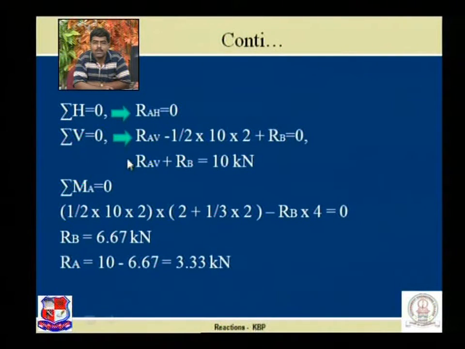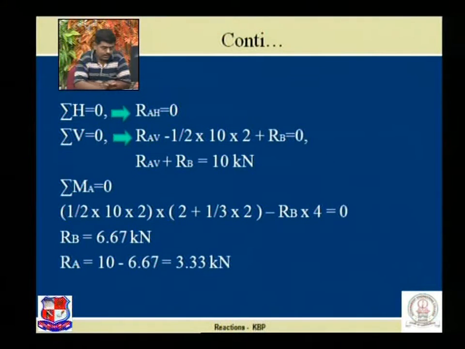We have one equation having two unknowns, RAV and RB. Our intention is to find these two unknowns by now using the third equation, that is sigma M at any point is equal to 0.